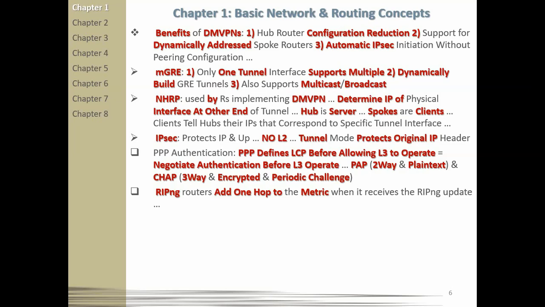Second characteristic of mGRE is its ability to dynamically build GRE tunnels, thanks to NHRP, of course. And then the third characteristic of mGRE is the support that it provides for multicast and broadcast as well as unicast.